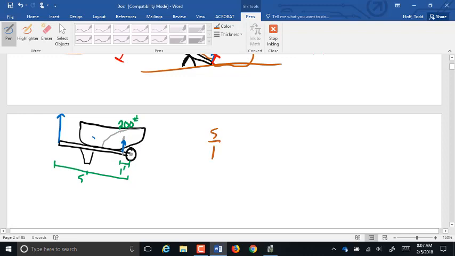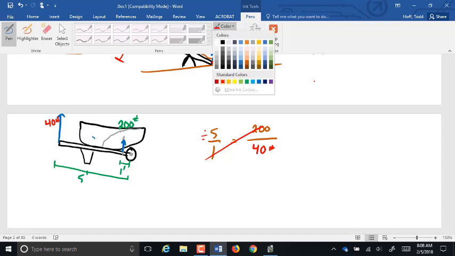Well, our input force is 5 feet away, and our output force is 1 foot away. We're going to lift 200 pounds. 1 times 200 divided by 5 is 40 pounds. So it only takes 40 pounds to lift 200 pounds with that ratio of length.